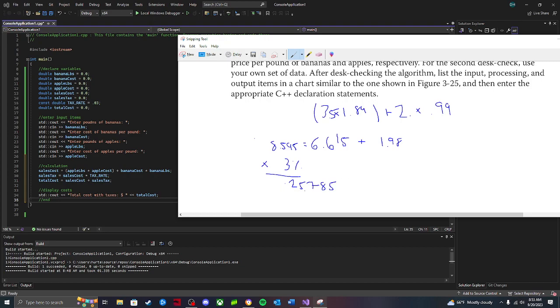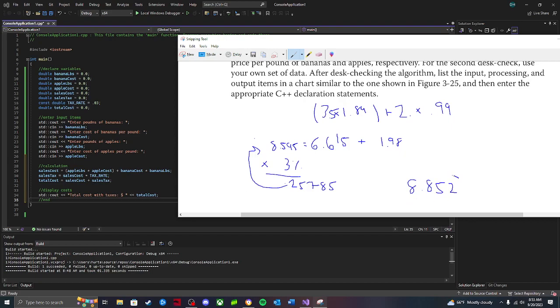So that's how much we got to pay in taxes. We add this to this. That's 885.2585 is our grand total. That's how we get our total cost, sales cost plus sales tax.